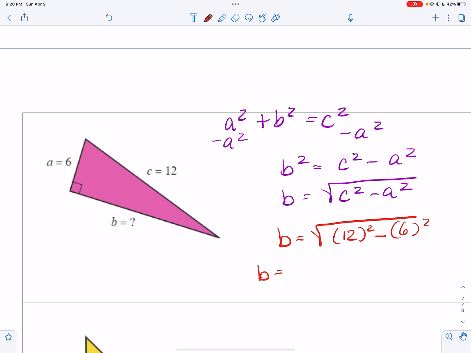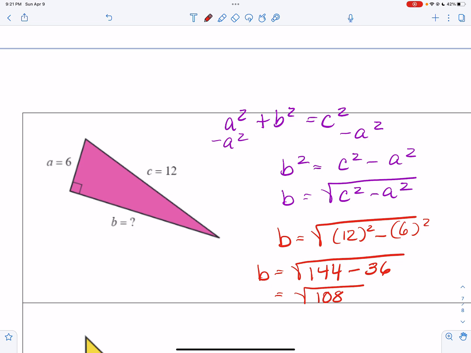So b is equal to the square root of 144 minus 36, and that equals the square root of 108. And I don't know if there's any perfect square in there. Do I write 2, 8 divided by 36?